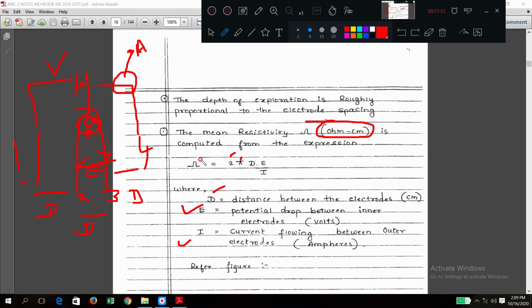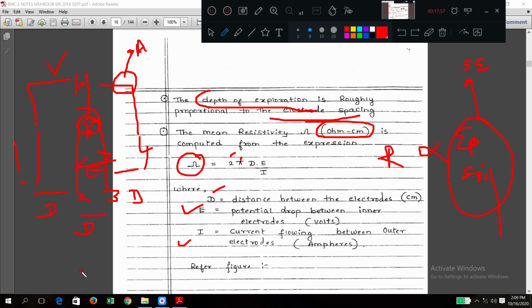At the end, this resistivity of soil is linked to its engineering properties. Studying the engineering properties of soil is nothing but site exploration. Generally the depth of exploration is proportional to electrode spacing.